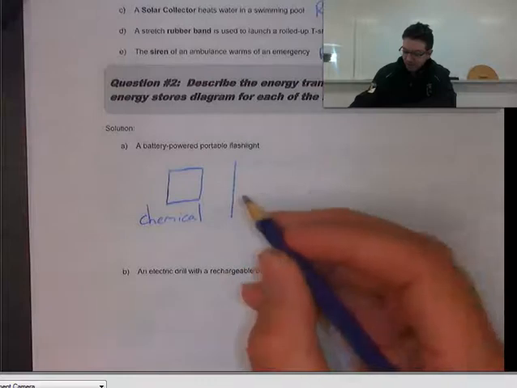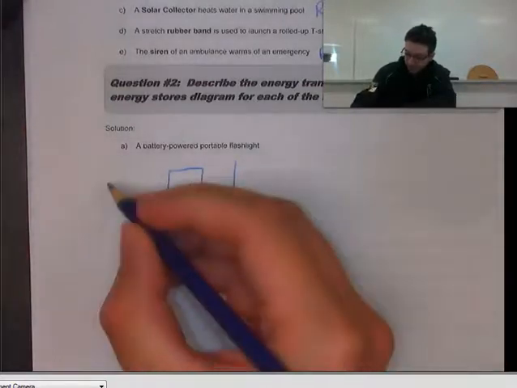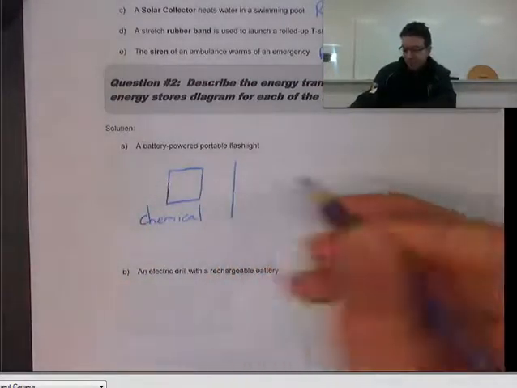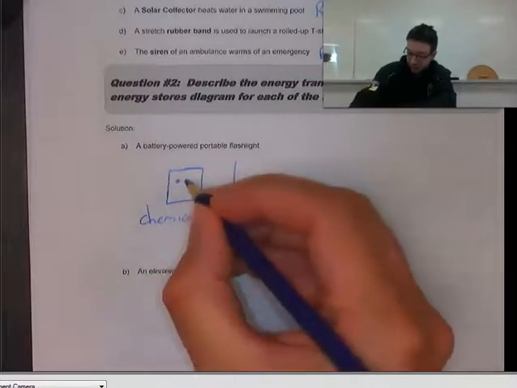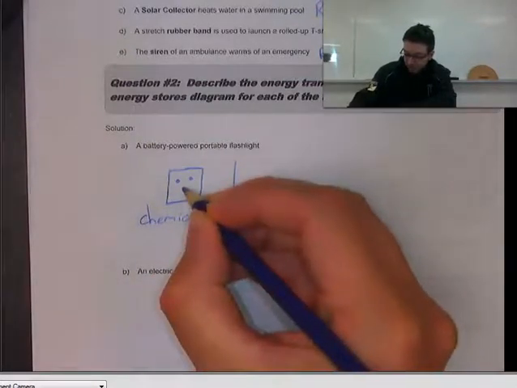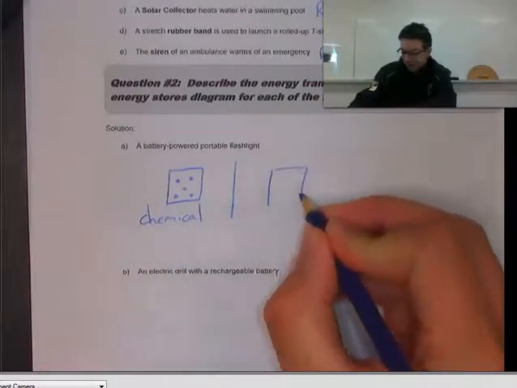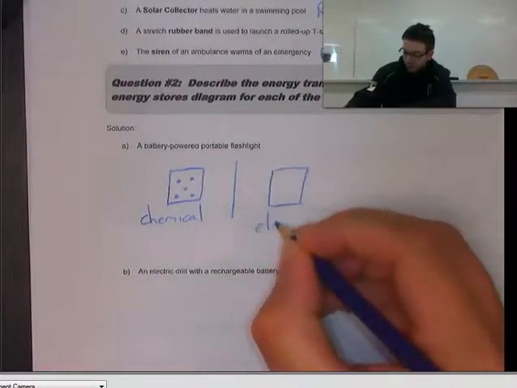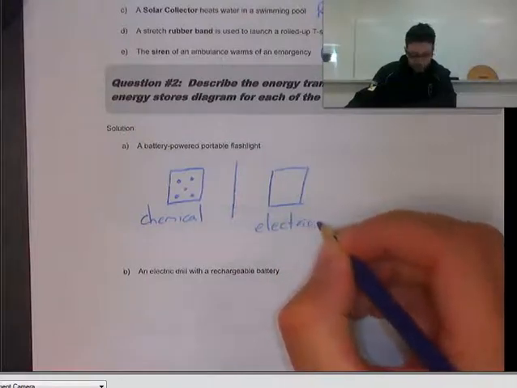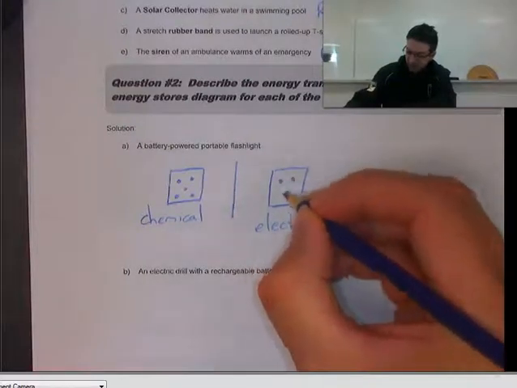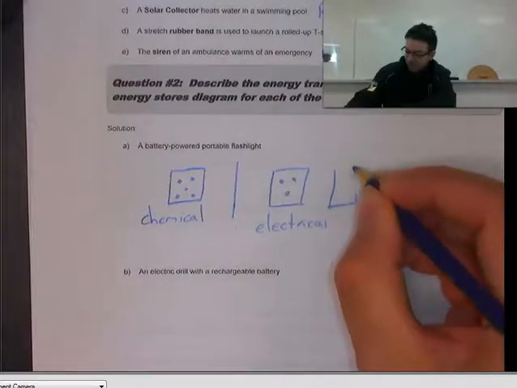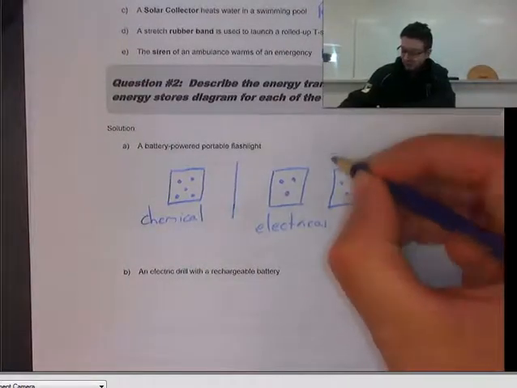We'll start with, I'll just put 5 here, which then would get transferred into electrical. So let's say we transfer 3 over to electrical, but we still have some chemical left over.